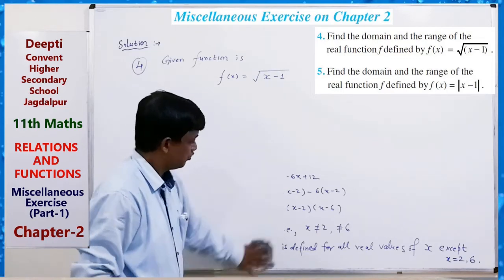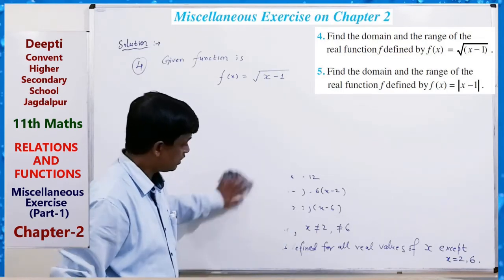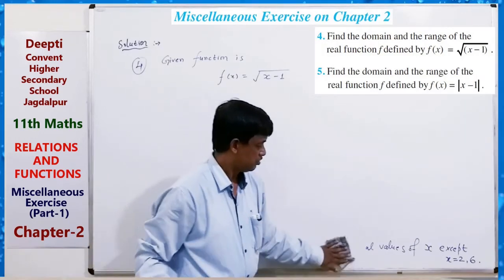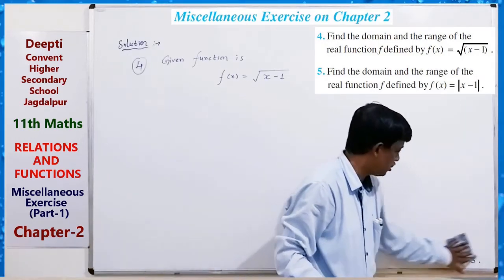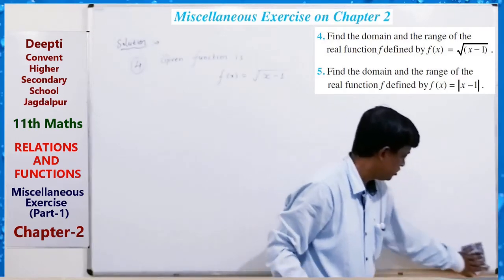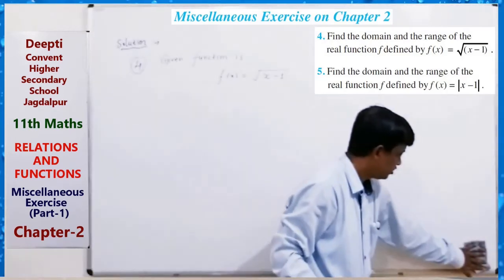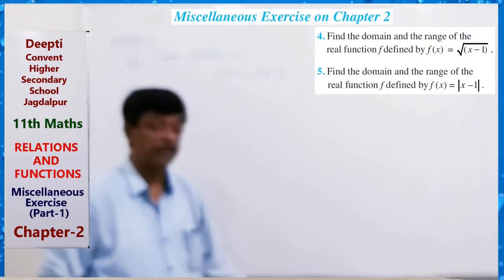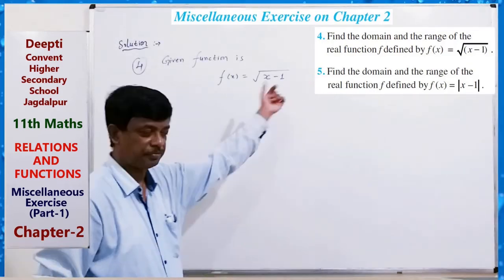Here we know that for a real value under a square root, there should not be negative values.